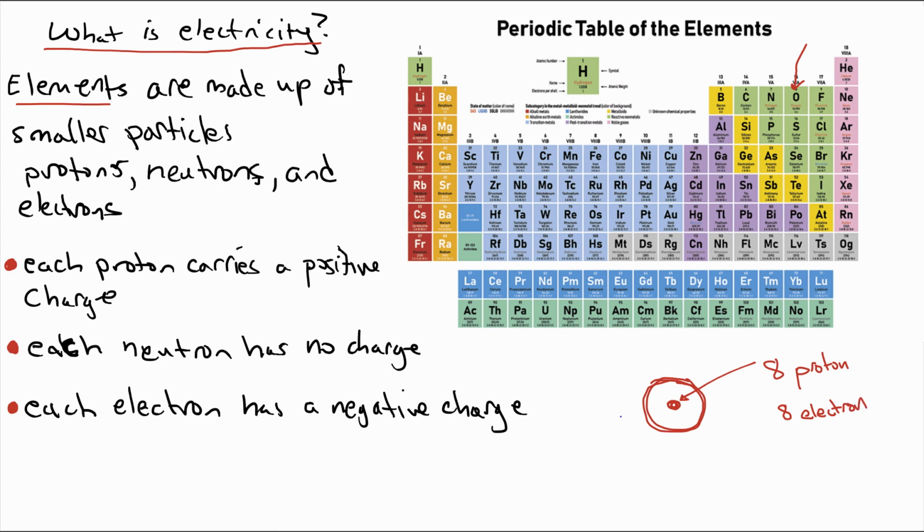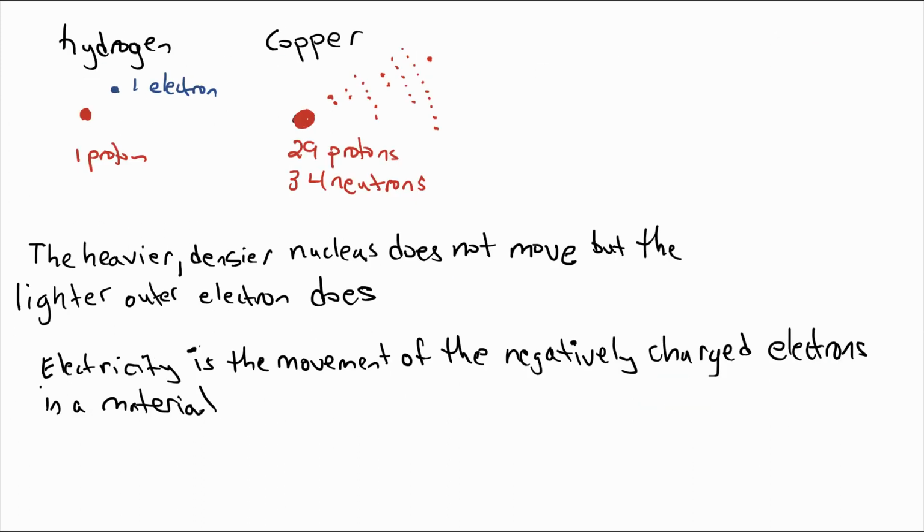And then some neutrons inside there too. Here I've shown a hydrogen atom, and it has 1 proton and 1 electron. Then I have a copper atom, it has 29 protons, 34 neutrons in the nucleus, and then all these 29 electrons.